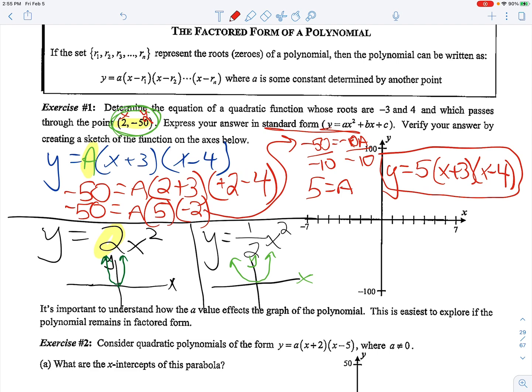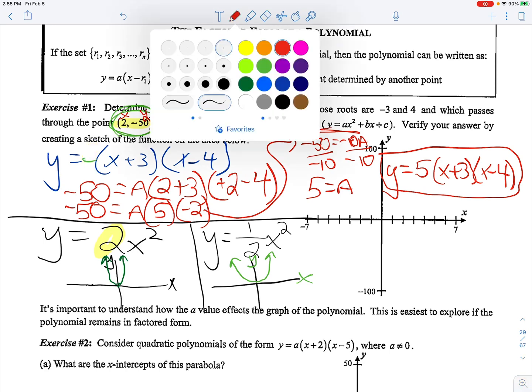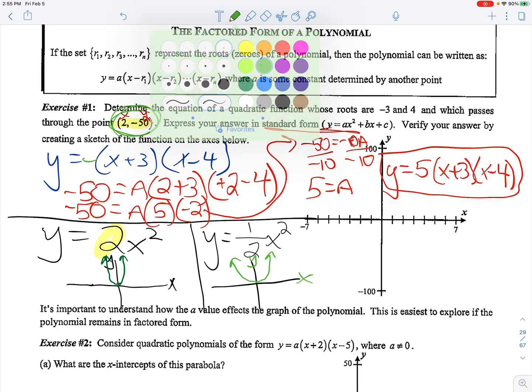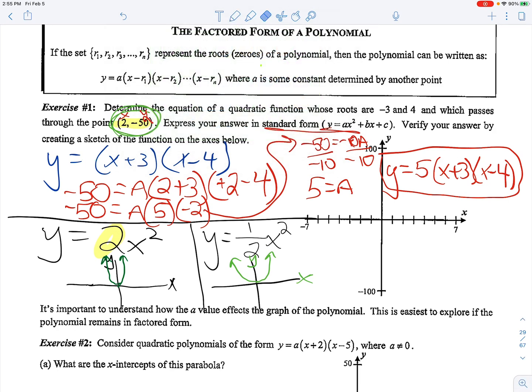Keep in mind, when we sub in for x and y, it cannot be a root. We can't plug in (-3, 0) or (4, 0) into the factored form to solve for a.